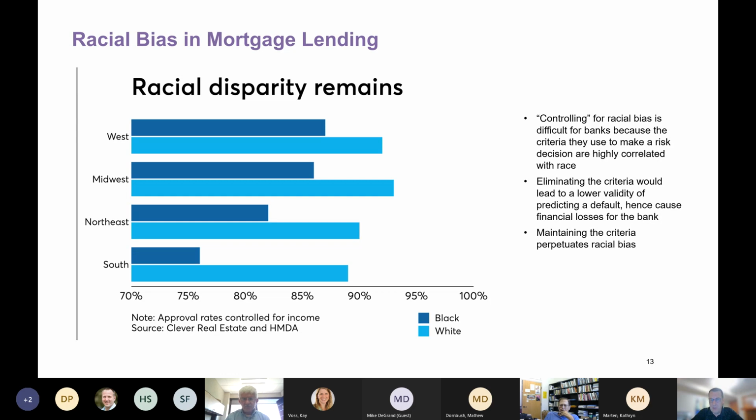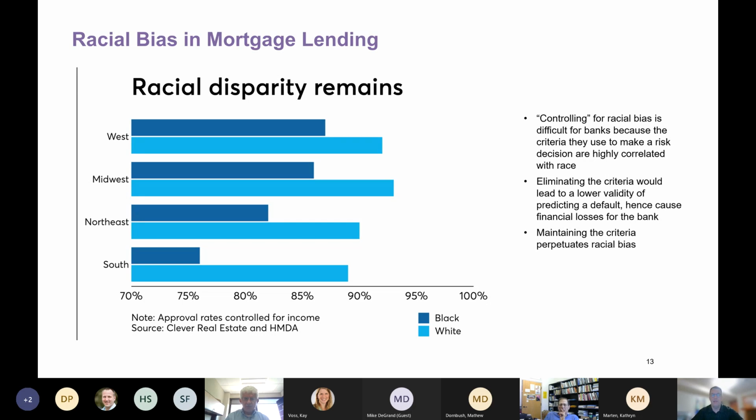Even if you adjust for income, you find that the approval rates differ between Black and white applicants. And so HUD and HMDA always evaluate that. If a bank has these types of records, then there's an investigation, and very, very high penalties are levied on the banks.